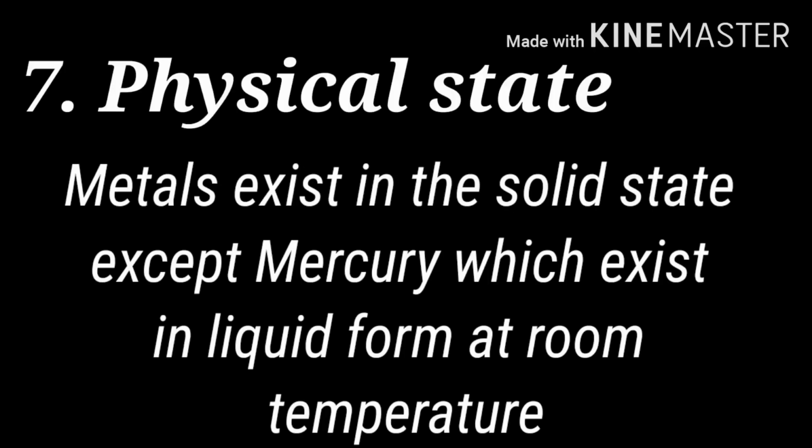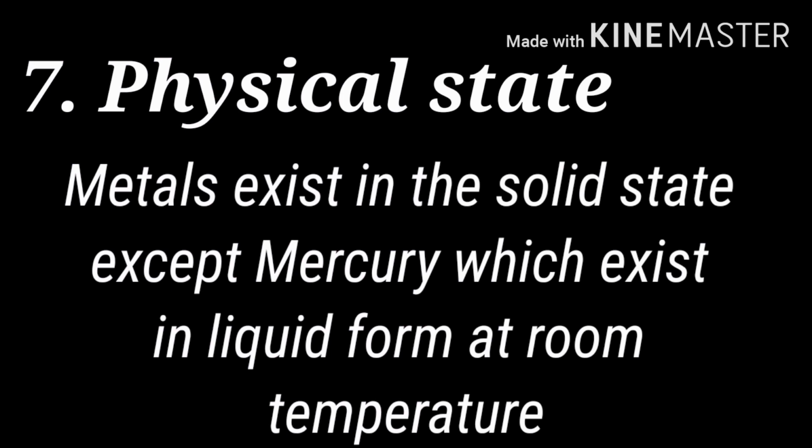Now let us study another property of metals and compare it with non-metals. Physical state. Almost all metals exist in the solid state except mercury, which is a metal but exists in the liquid form at room temperature.